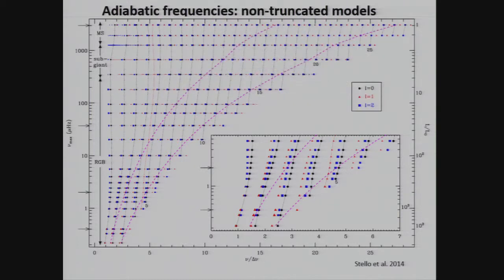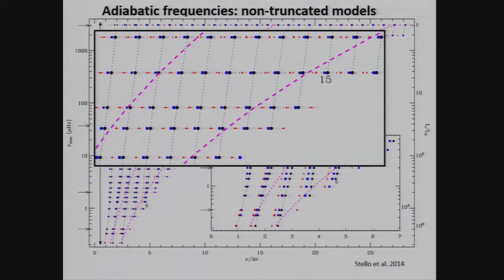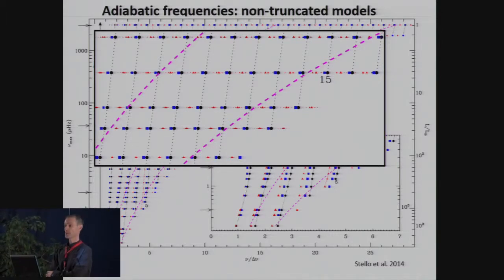If we go further down to the beginning of the red giant branch, we have a pattern that is actually quite similar. What I should tell you here is that instead of having just one dipole mode, we have several, because the acoustic dipole mode in the envelope now couples with a number of g modes in the core, so it appears as a little cluster of modes.